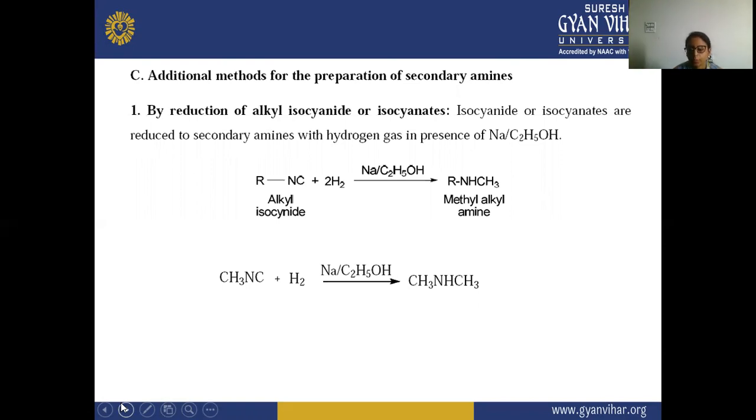So there is a formation of this methyl alkyl amine, and this CH3 and C plus H2, this is your methyl isocyanide, and in this methyl isocyanide there is a reduction happening in the presence of sodium or ethanol, and there is a formation of this secondary amine, dimethylamine, formed here. So in this method the dimethylamine is formed.